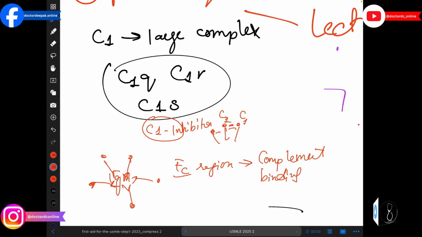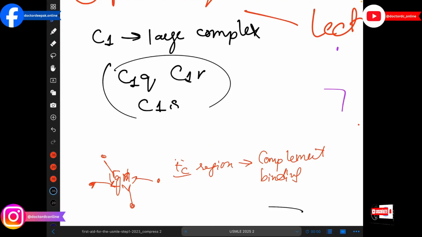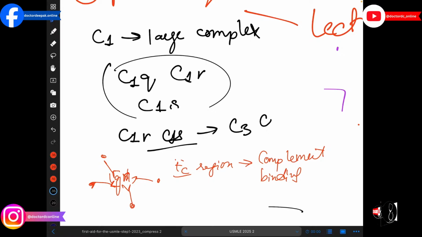And by that, the C1 inhibitor will fall off and it will activate. How? Because the inhibitors are removed and fall off, the C1R and C1S become active, and they also create the same thing, C3 convertase.